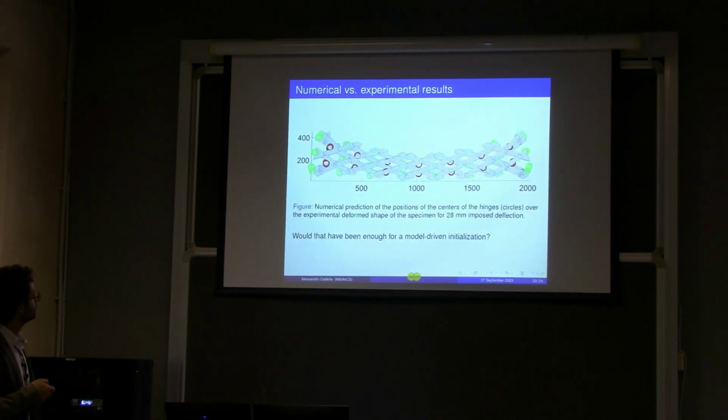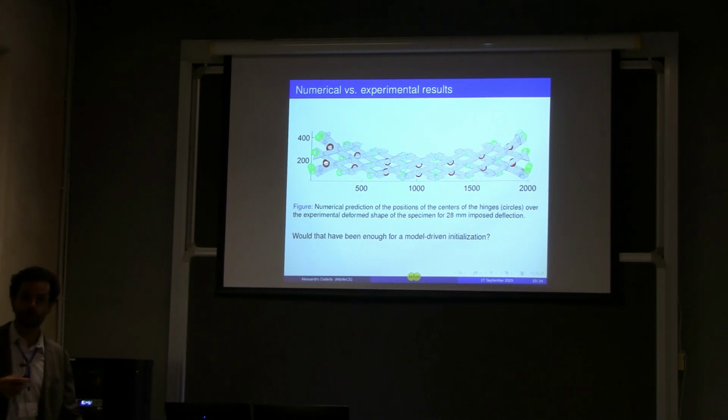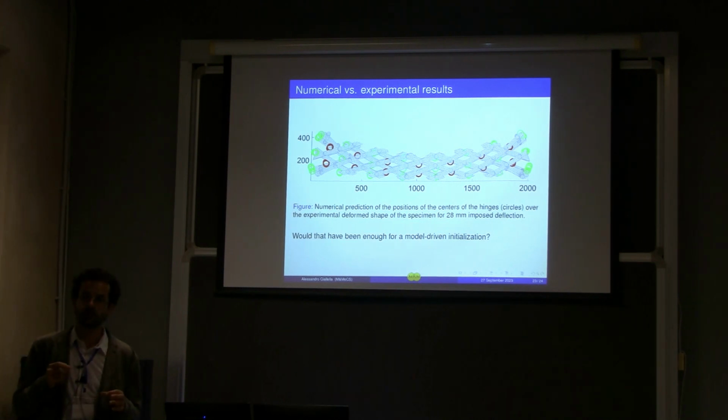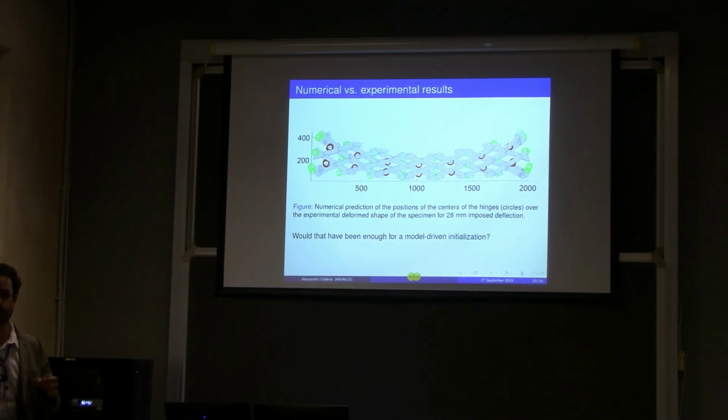So we tried to make a quantitative comparison. In this case we are showing the measured displacement of the specimen, and the circles are the placement of the center of the pivots predicted by the continuous model.